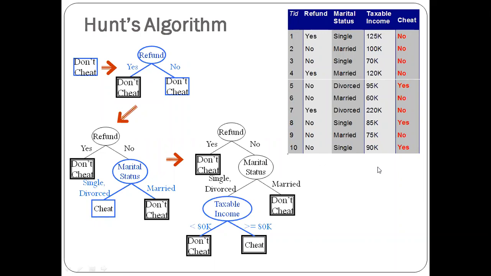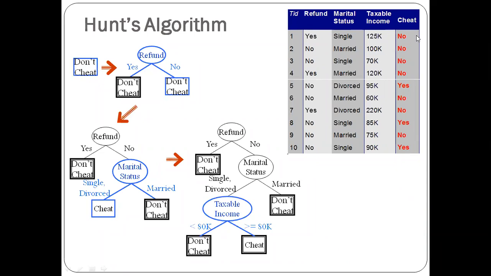For this problem we need to construct a decision tree, and here we have specified the step-by-step procedure. Initially, we will consider the majority class label, that is no, meaning they have not cheated, so I have considered it as don't cheat.